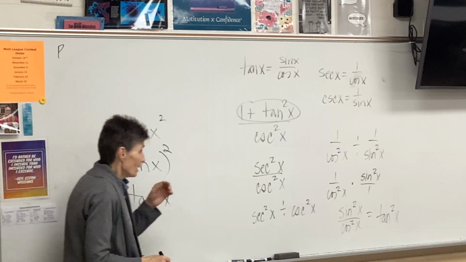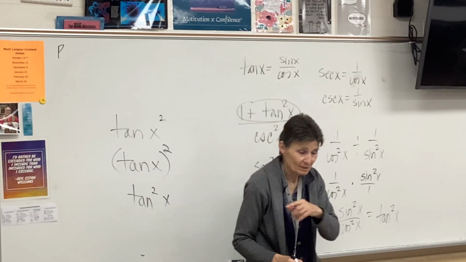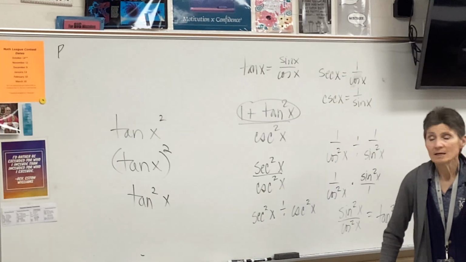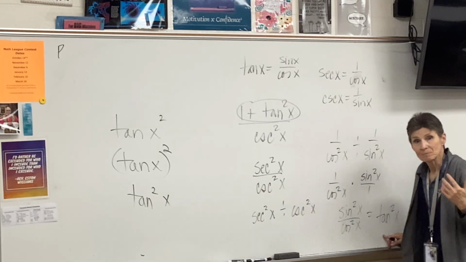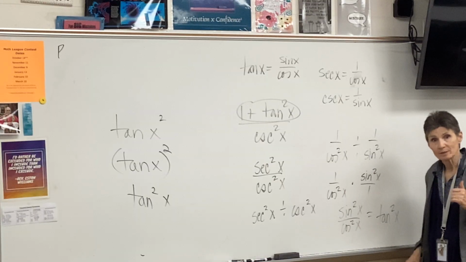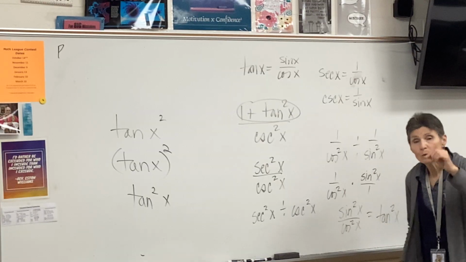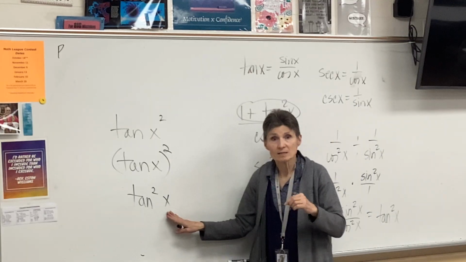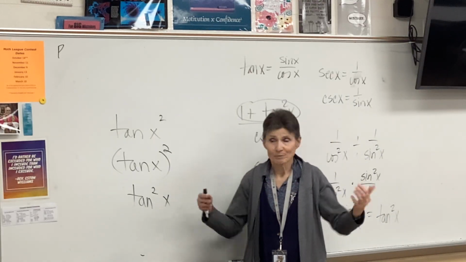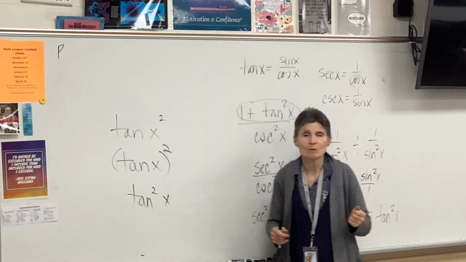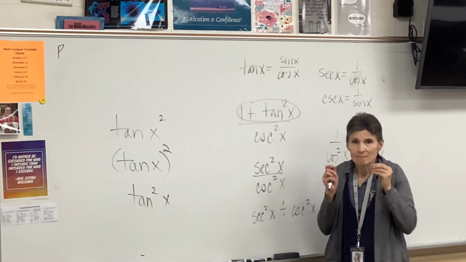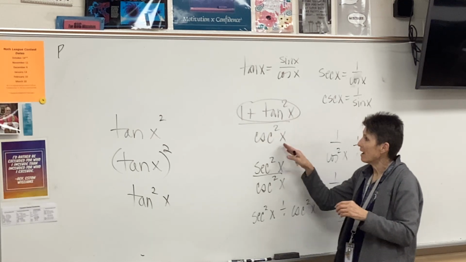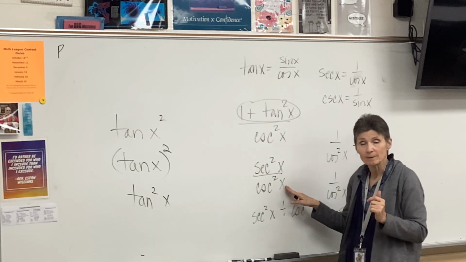Now, every single one of these problems, I guarantee, I don't remember for sure, but I am positive, I haven't said tangent squared x. I just said tangent squared. When you write it on your paper, it has to have an x, or a theta, or a q, whatever letter you're using, whatever variable you're using, the function, tangent, sine, cosine, must have an x attached to it.